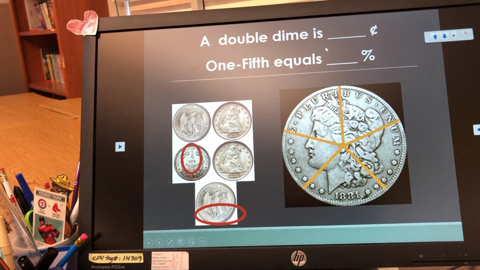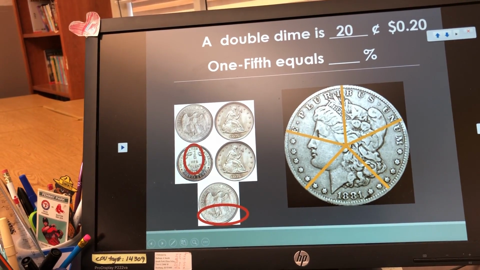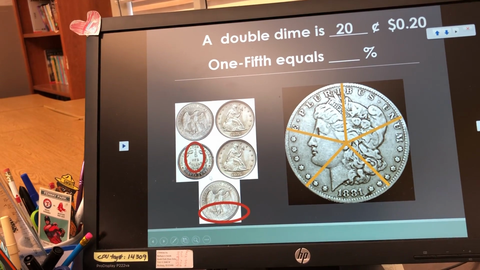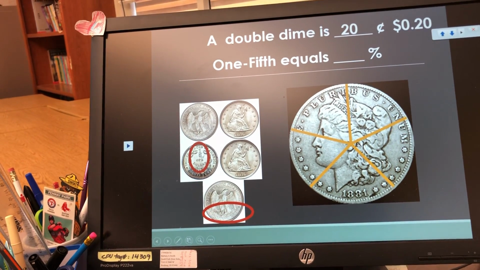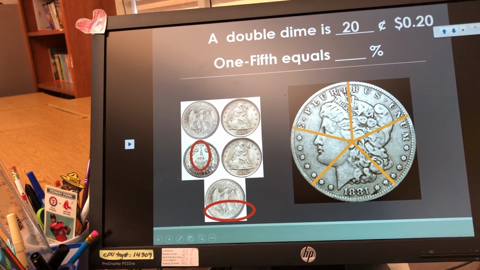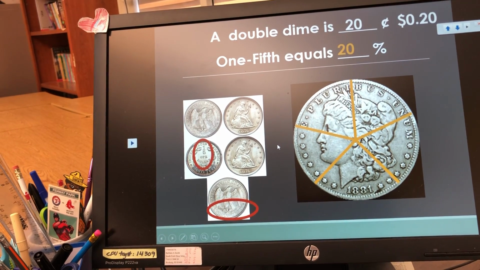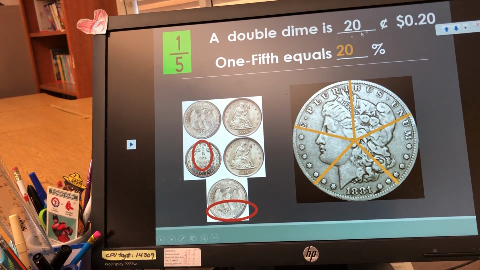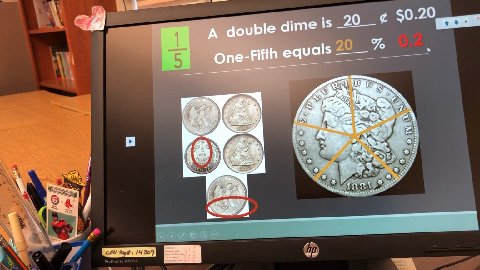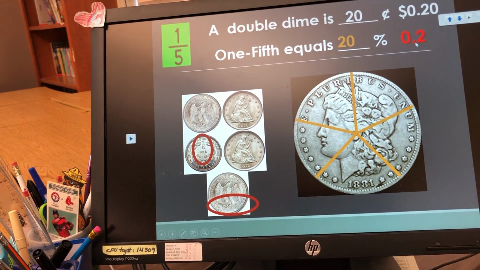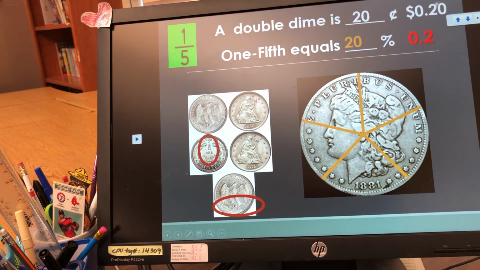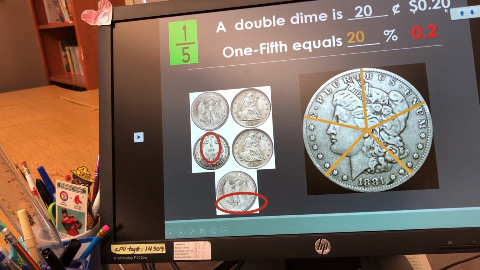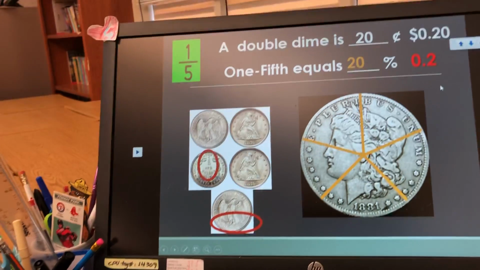And a double dime is 20 cents, and it takes 5 of them. Oh, look at on the back of this one, it even says 1/5 of a dollar. 1/5, 20%, 2/10, or up here we could even say 20 hundredths.